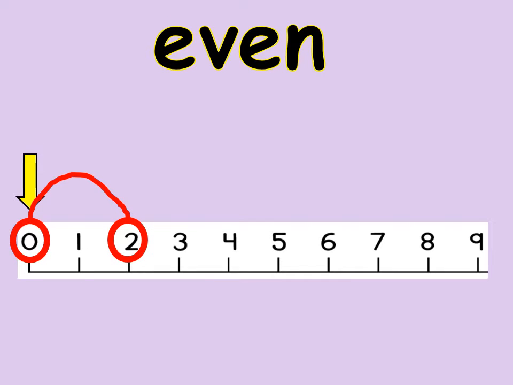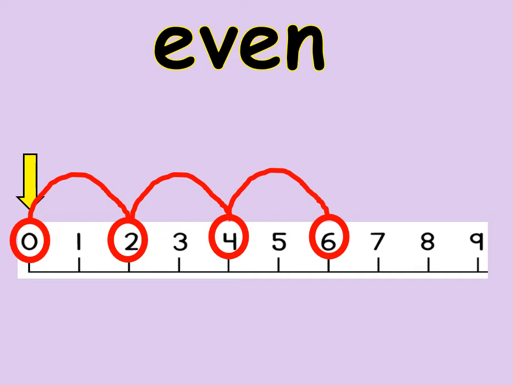And where do we go next? You got it. We go to 4. And where do we go after 4? We got a 6 in the next one. Very good.